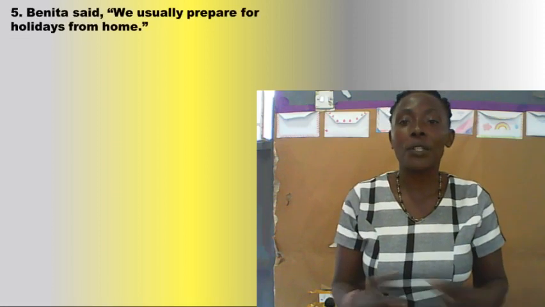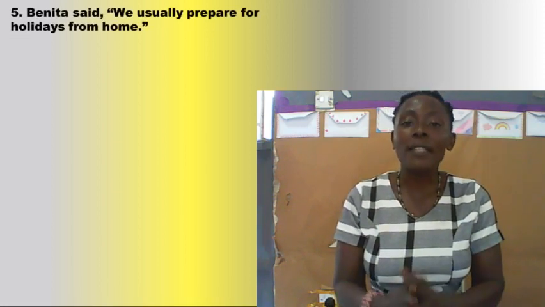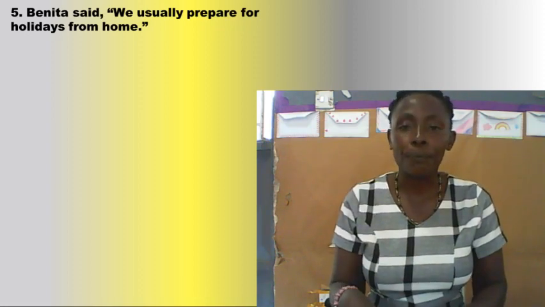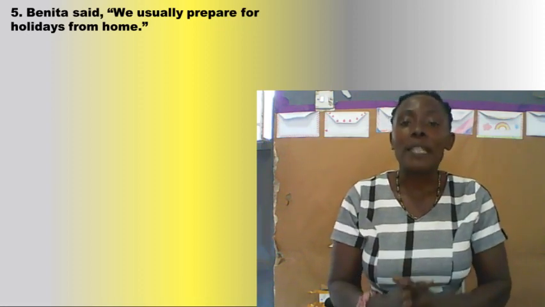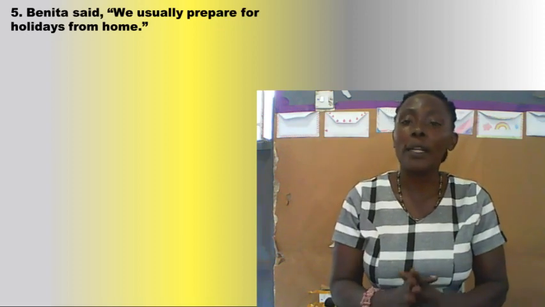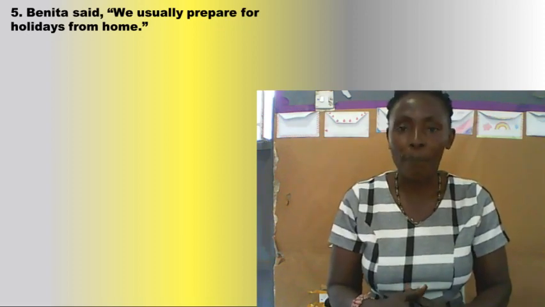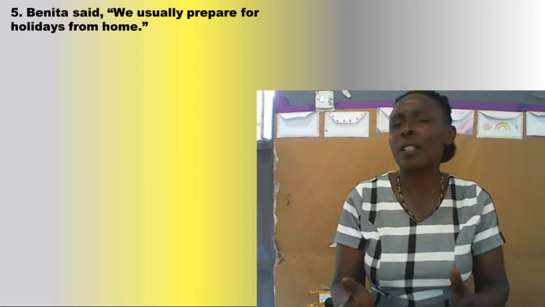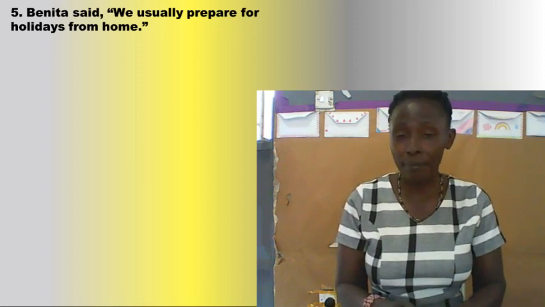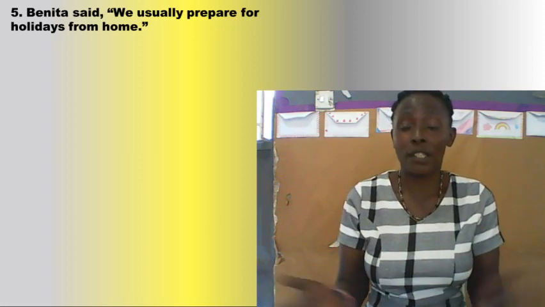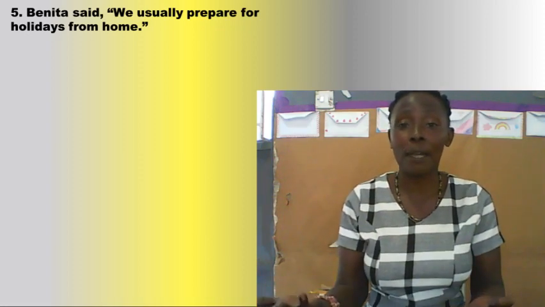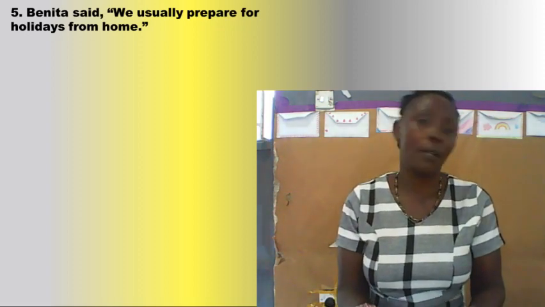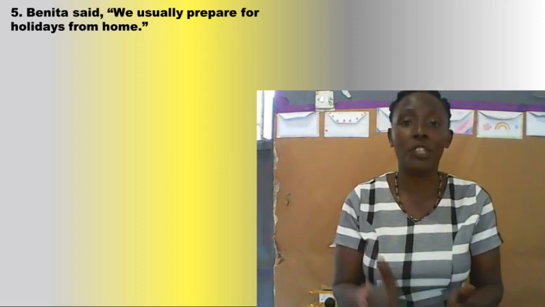So we have our question 4, which reads, Benta said, "We usually prepare for holidays from home." These were Benta's words. Now, if you are to report, you need to make some changes because of the time frame. Time has changed. Benta might have said the words last Sunday, and for you it is Monday or Tuesday, so you need to make some changes.